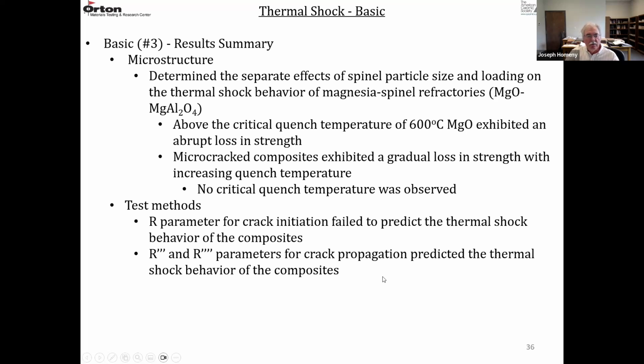Improving upon that is measuring the properties needed to calculate parameters like R3 prime, R4 prime, or RST, and trying to correlate the microstructure on the fracture surfaces to these parameters and trying to understand exactly what's going on in the microstructure to make further improvements.